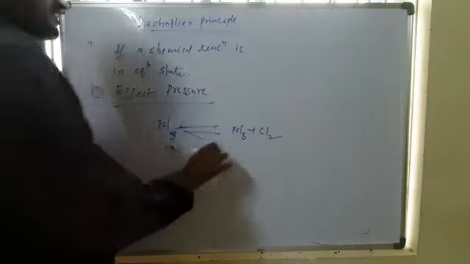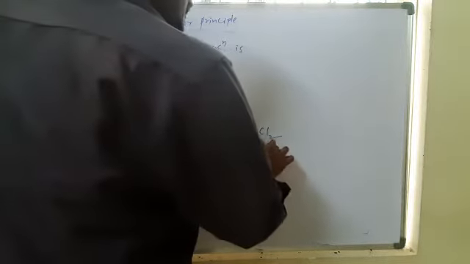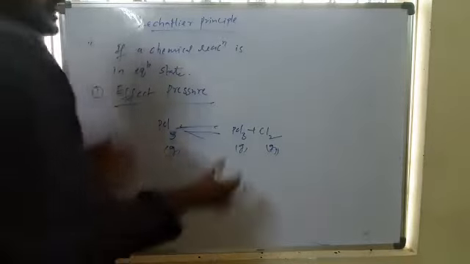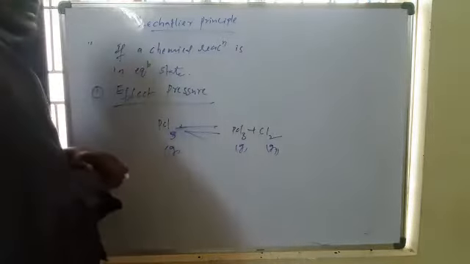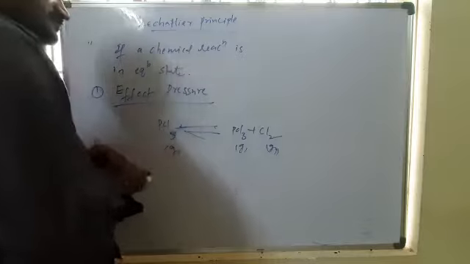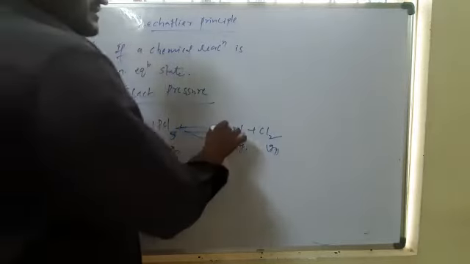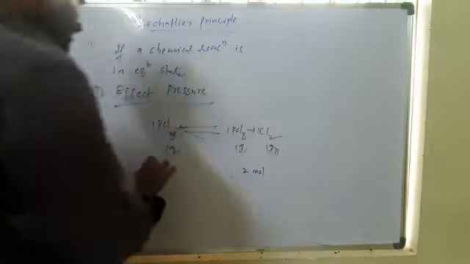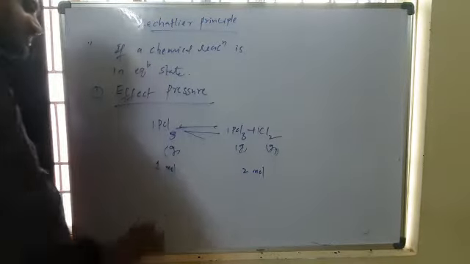So this is a gaseous mixture, and this reaction is at equilibrium state. So here the number of moles: here 1, here 1, here 2 moles, here 1 mole.